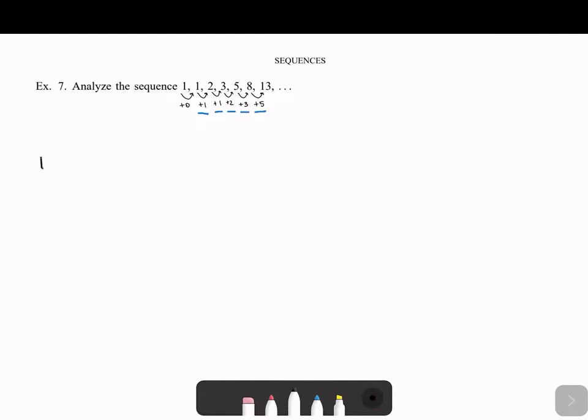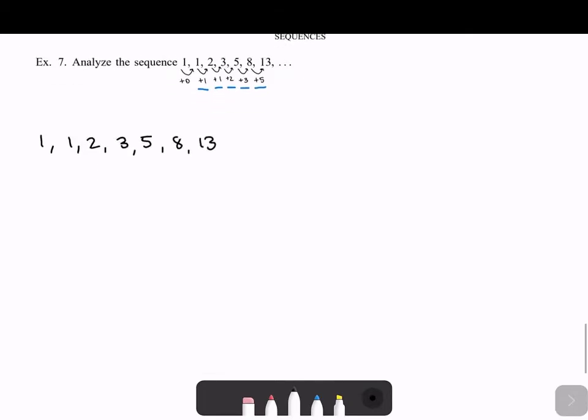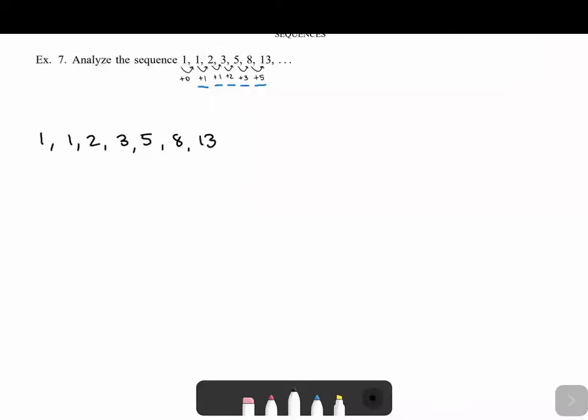If we have 1, 1, 2, 3, 5, 8, and 13, we see that we can get 2 to equal 1 plus 1. We add 1 and 1. We get 3 to equal 2 plus 1.